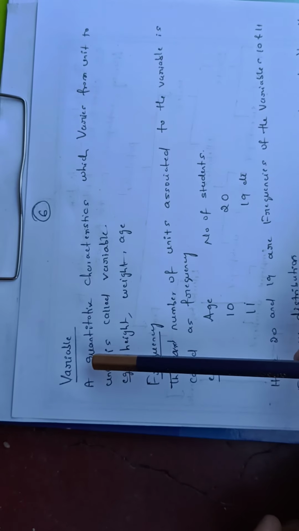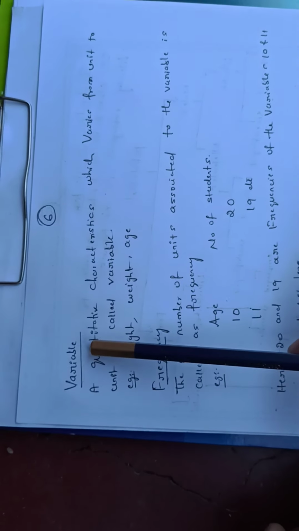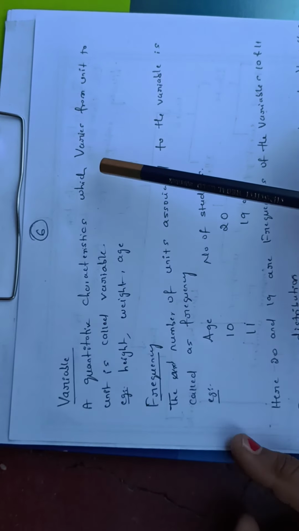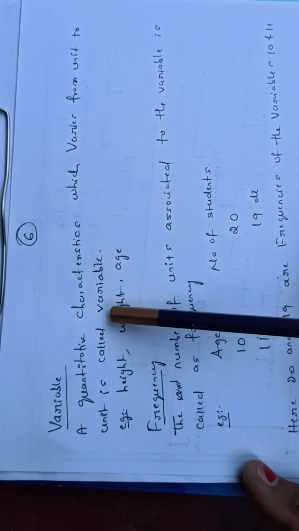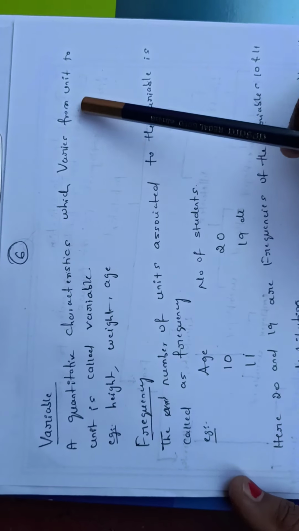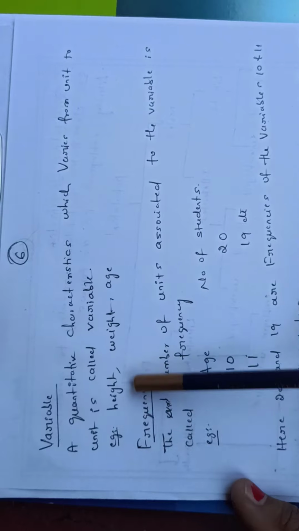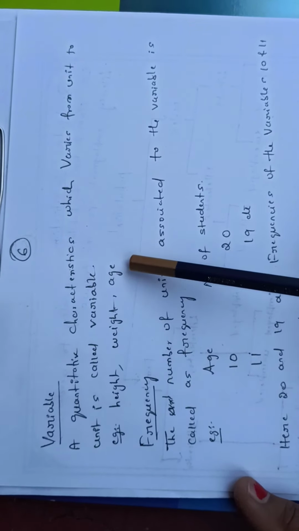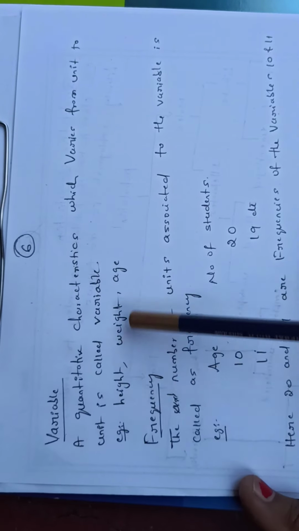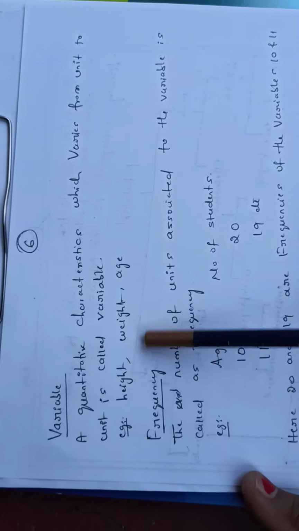So in this video, first we are going to study the definition of a variable. The definition says that a quantitative characteristic which varies from unit to unit is called a variable. So it must be a variable quantity. An example of a variable is height, weight and age. These three things will vary according to their parameters.